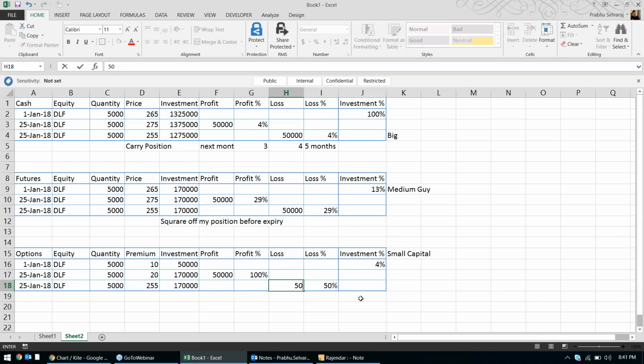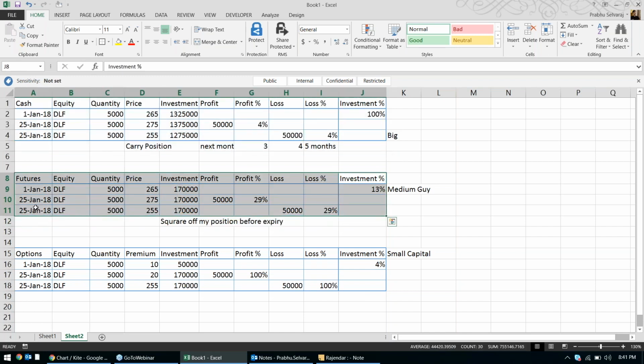Okay, this is much clearer. You need 100% of capital to make your investment. To get 50k profit in futures, you need only 13% of your capital. You need only 4% of your capital to make the same amount of profit in options.